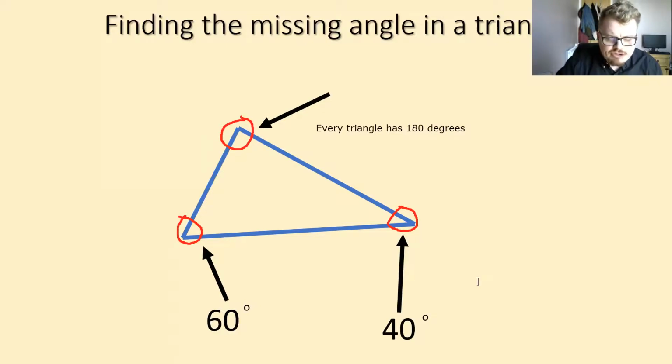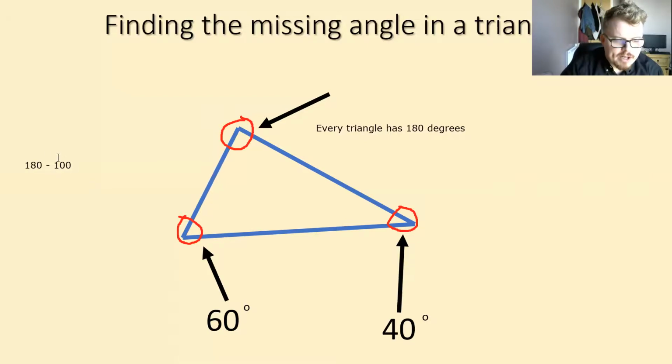If a triangle has 180 degrees and these two angles added together equal 100, all I've got to do is find the difference between 100 and 180. In other words, I subtract 100 from 180. 180 is the value of all the angles added together, and 100 is the value we've found so far.